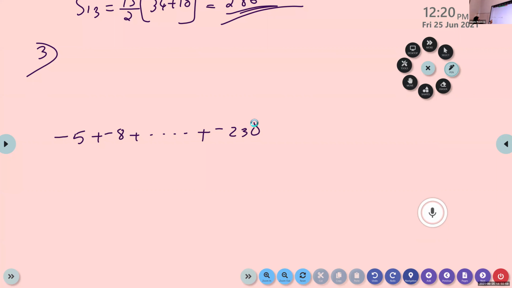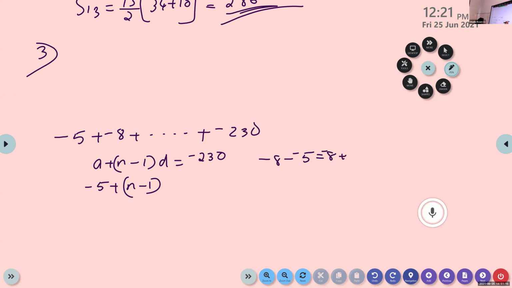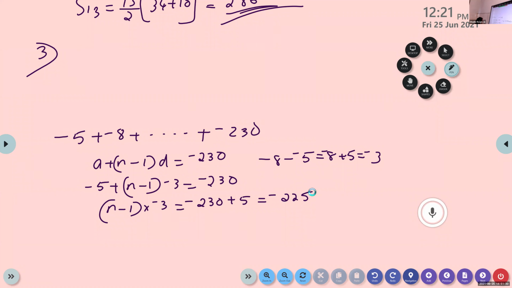So a plus n minus 1 into d equal to negative 230. Negative 5 plus n minus 1 into d. d is negative 8 plus 5, negative 3, equal to negative 230. So n minus 1 into negative 3 equal to negative 230 plus 5, negative 225.